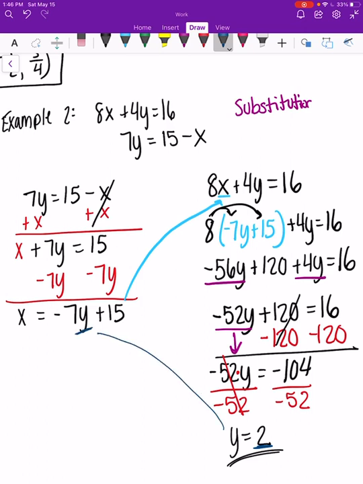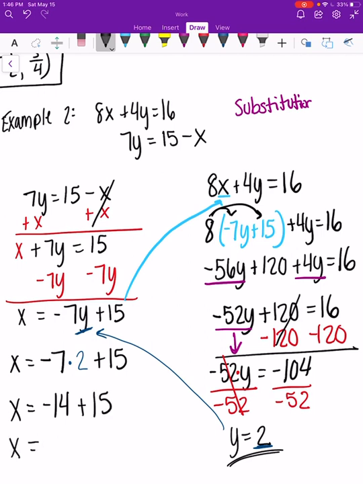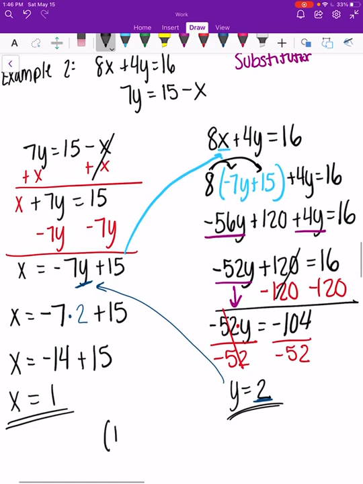See, I'm substituting 2 for y. That's why we call it substitution. Negative 7 times 2 plus 15. Well, negative 7 times 2 is negative 14. And negative 14 plus 15 is 1. There's my other one. So my solution is 1, 2.